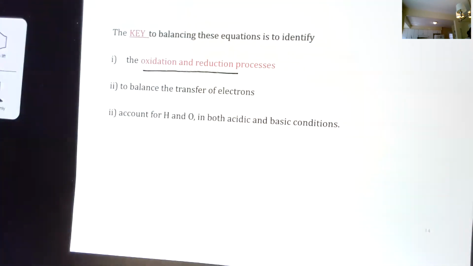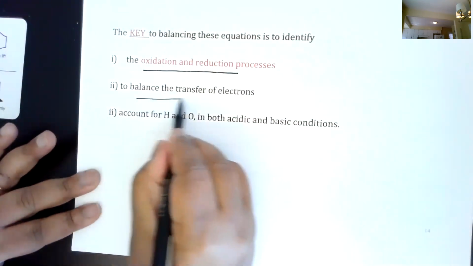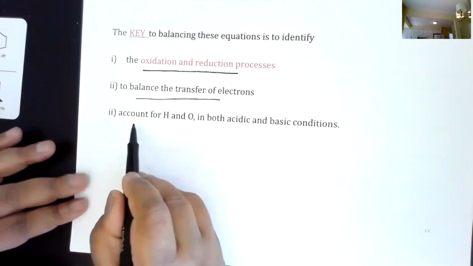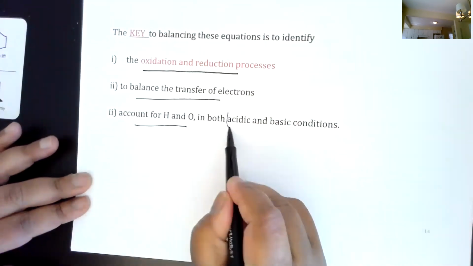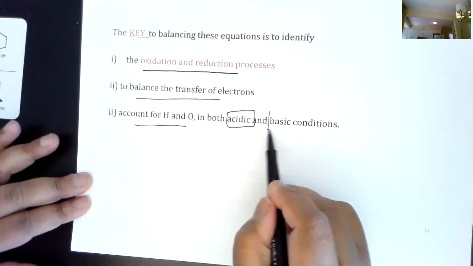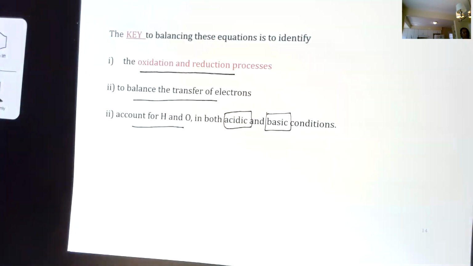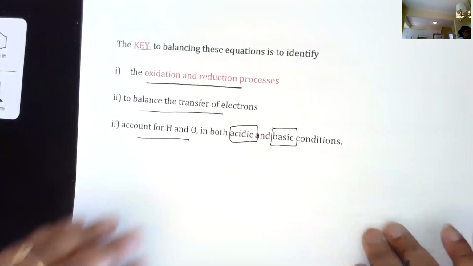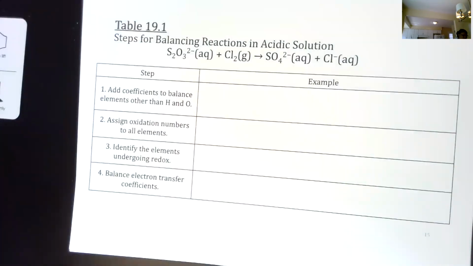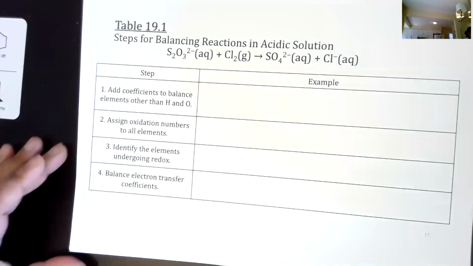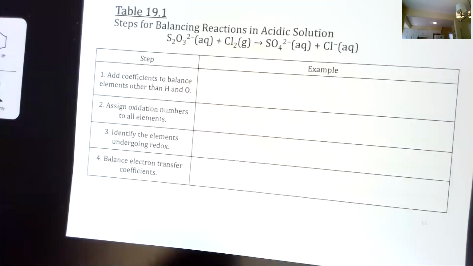That's the first step: balance the transfer of electrons, then account for H and O. It's a little bit different for basic conditions, so that's why they have separated the two out. I like this box that lays out the steps for you.